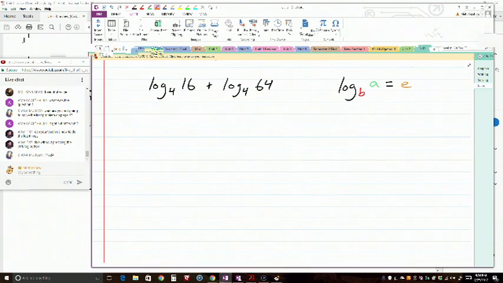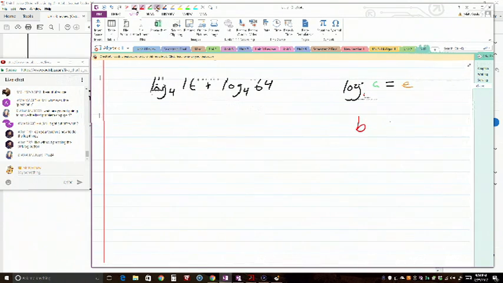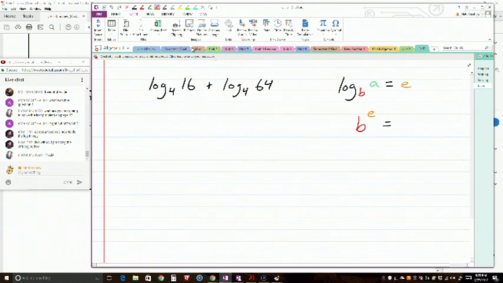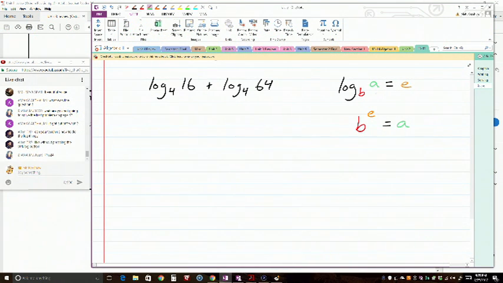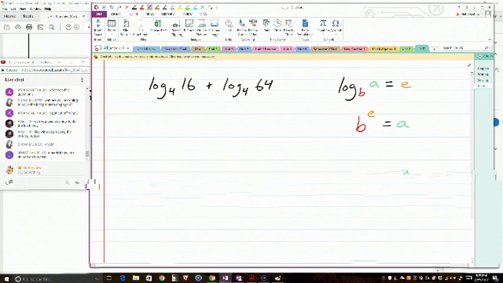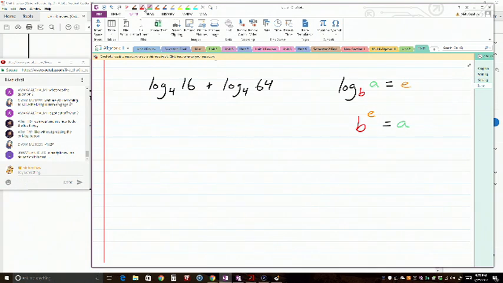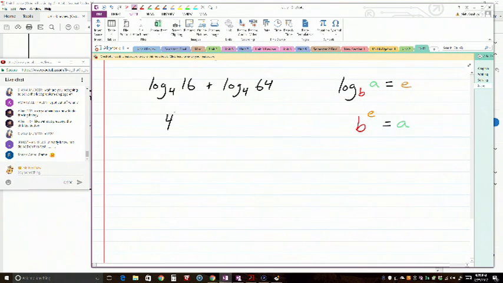All right. How a log and an exponential are related. So a log is just a different way of writing an exponential equation. So the base goes on the side, and the answer goes next to the log. When I see this, 4 to what power equals 16?